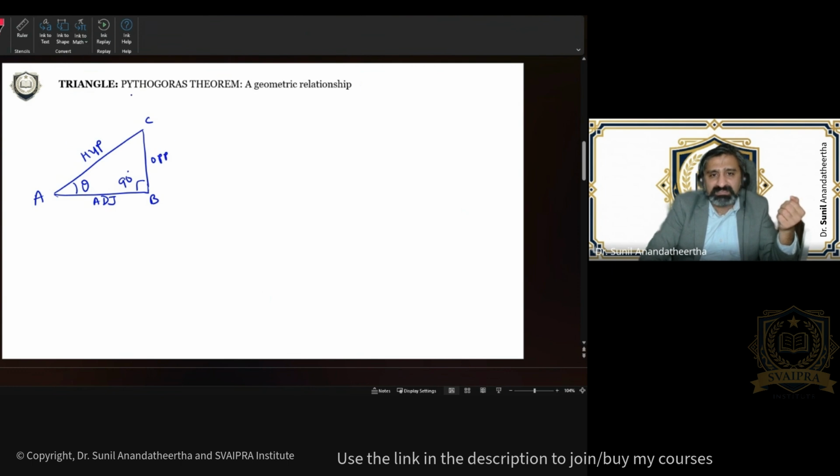Now, what does the Pythagoras theorem say? It basically establishes or exposes an underlying relationship between the lengths of the sides of the triangle. So what are the lengths of the sides?